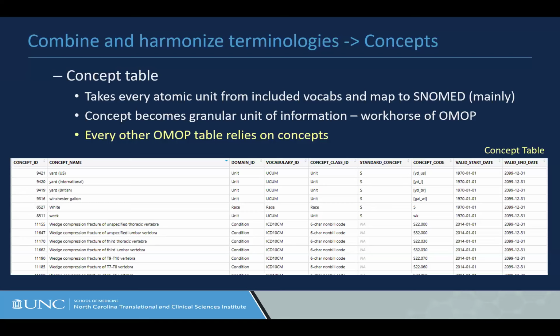So within ICD, here they're telling you it's a 6-character non-billing code, but oftentimes it'll tell you this is a 3-character code, right? So is it more general? Is it less general? It's usually conveying some amount of information about what is the content being codified between source and concept here.